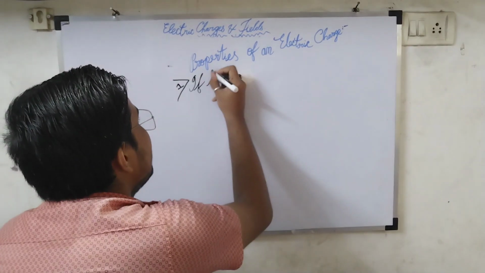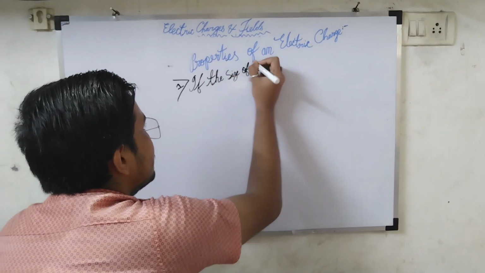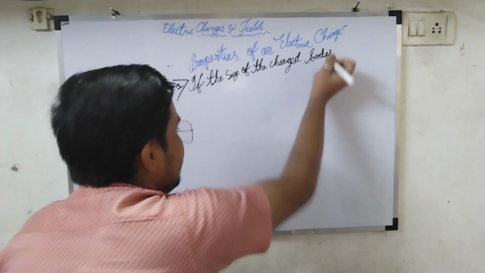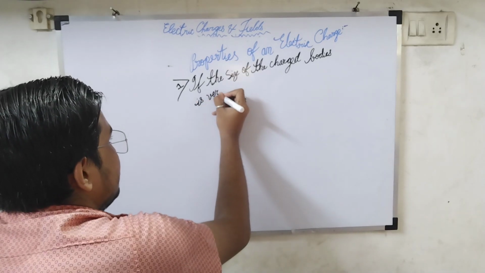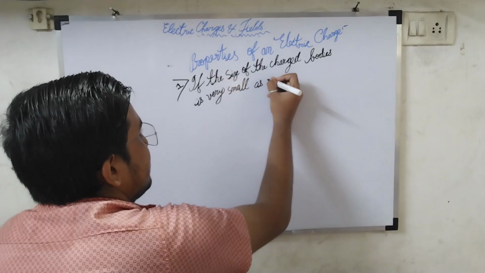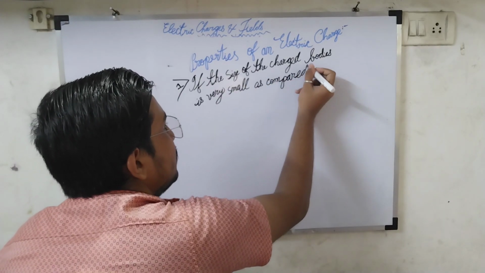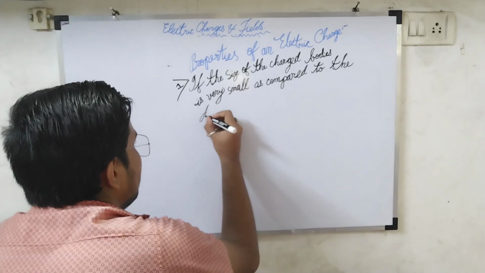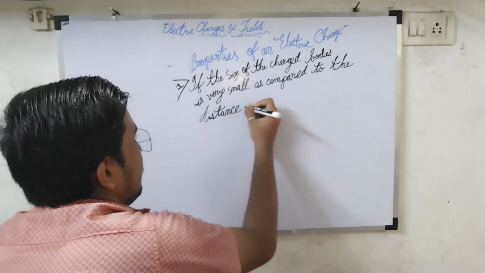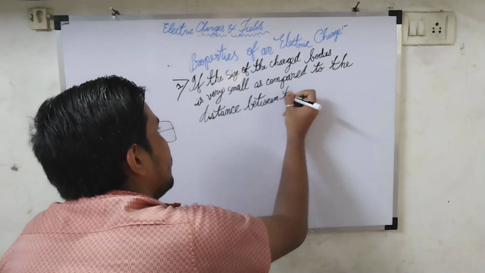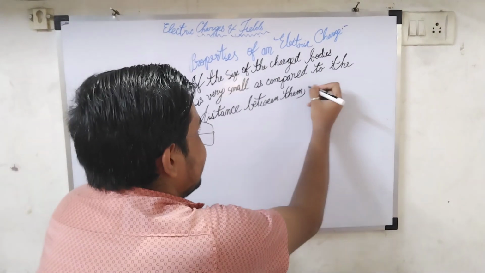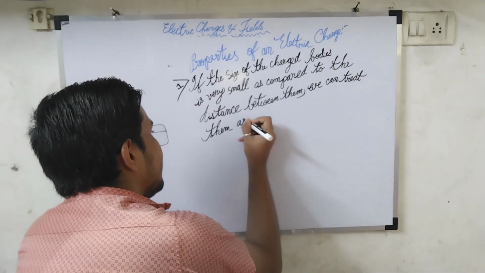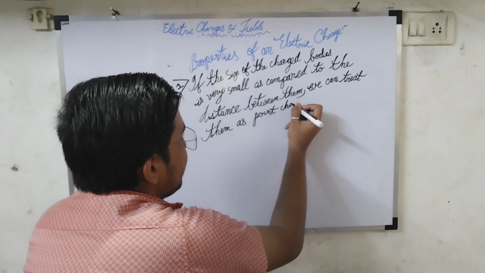Let's write it: if the size of the charged bodies is very small as compared to the distance between them, we can treat them as point charges. Very good. This was the first property.